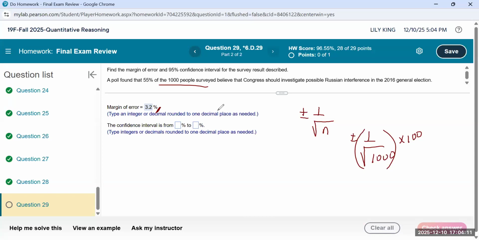And for the confidence interval, you add and subtract the margin of error to the sample percentage. You're going to subtract to get the lower end, and you're going to add to get the higher end.